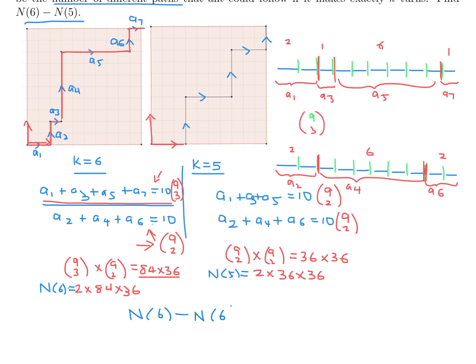That is going to be 2 times 84 times 36 minus 2 times 36 times 36. And therefore, what's that? 6048 minus 2592. And that is 3456. And that is the answer. Consecutive numbers, interestingly.